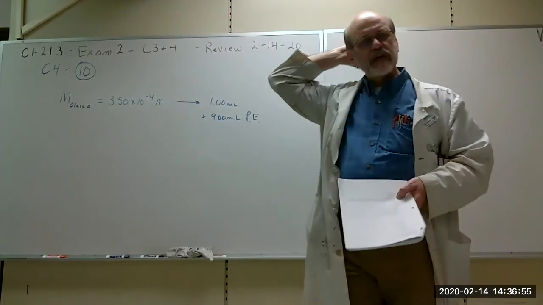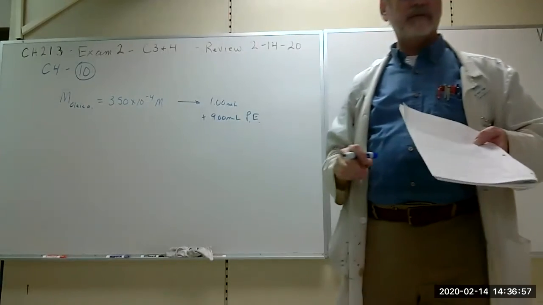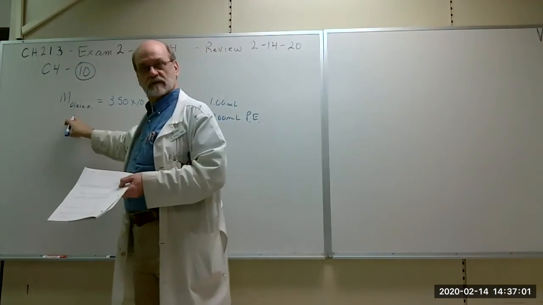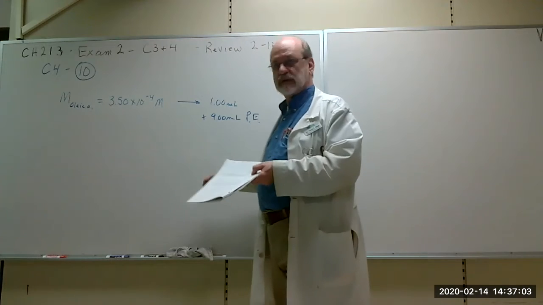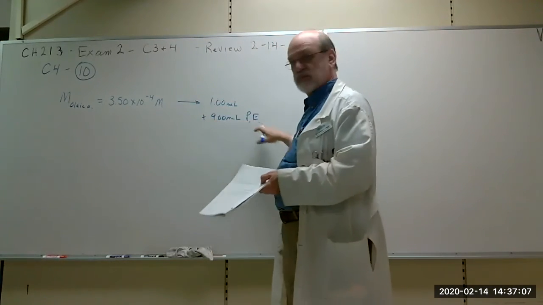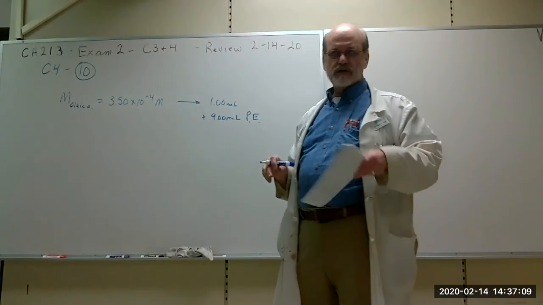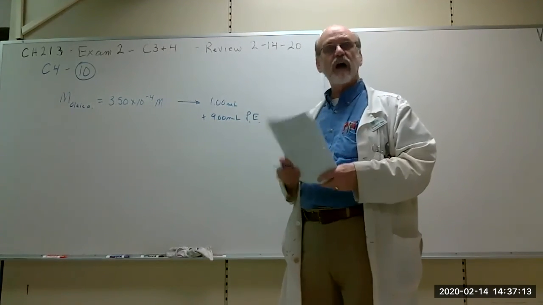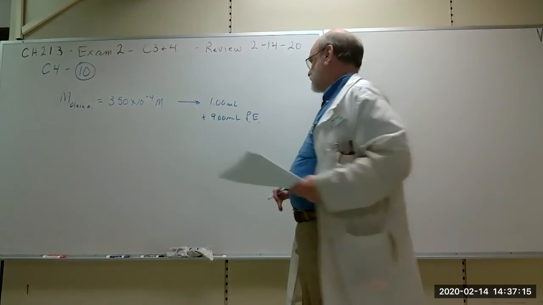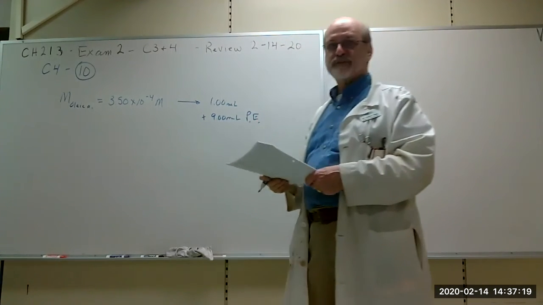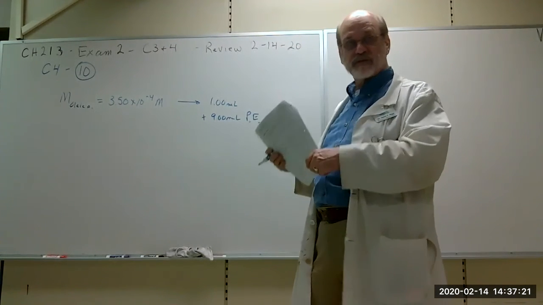Petroleum ether is an organic solvent, right? And you need an organic solvent for oleic acid. It's insoluble in water, right? So that's why you need petroleum ether. Petroleum ether is really a fraction of distillate. So it's a combination of things. It's not really ether. It's a misnomer. Chemically speaking, it's not ether.